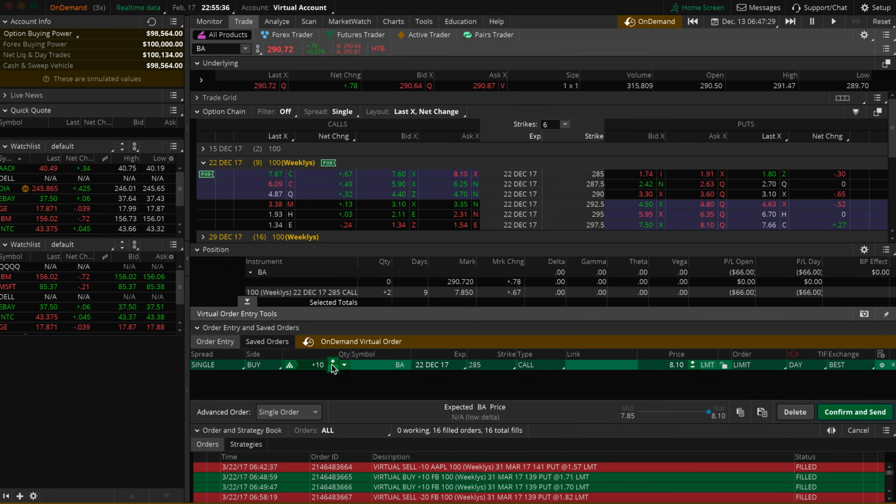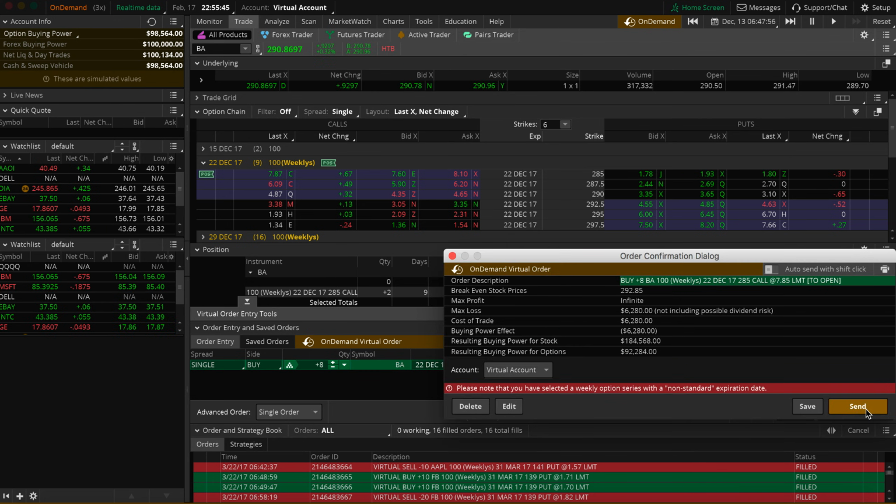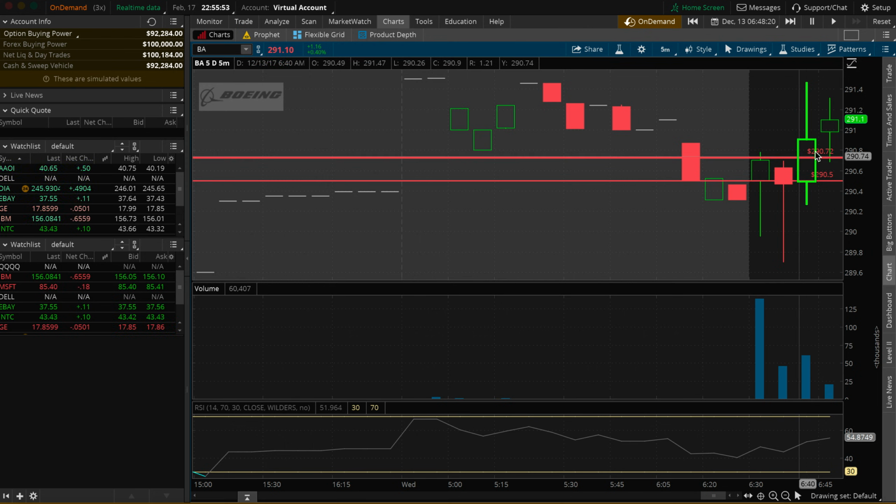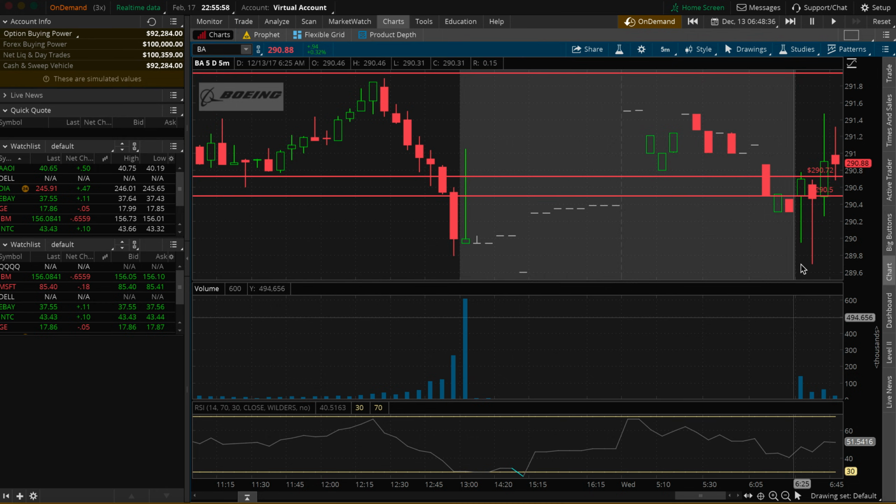I'm gonna buy 8 more. I'm at mid 785. And let's see. All right. So it held the support. And let's see how this one goes. If it passes my support, I'm not going to sell.